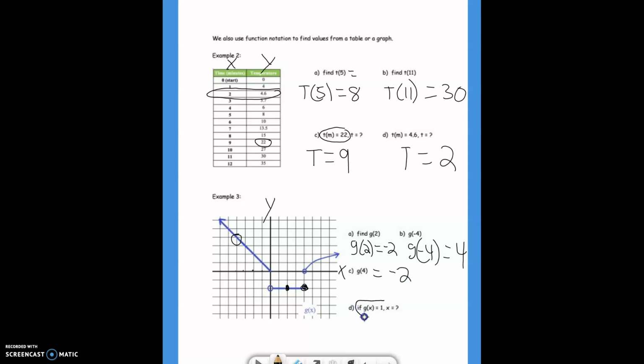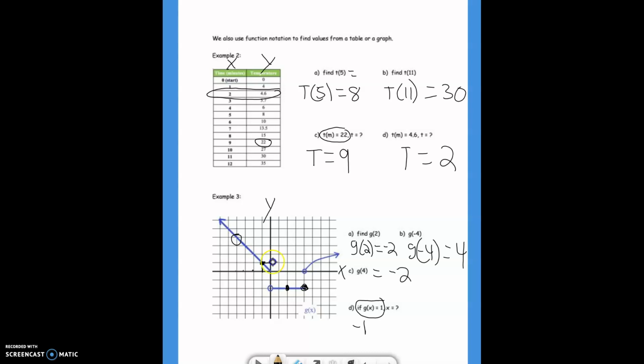All right. Now the last one, g of x is 1. So basically we're talking about y now, right? So when y is 1, you'll notice we have this here. So we're trying to find the x value. So here x would be -1.